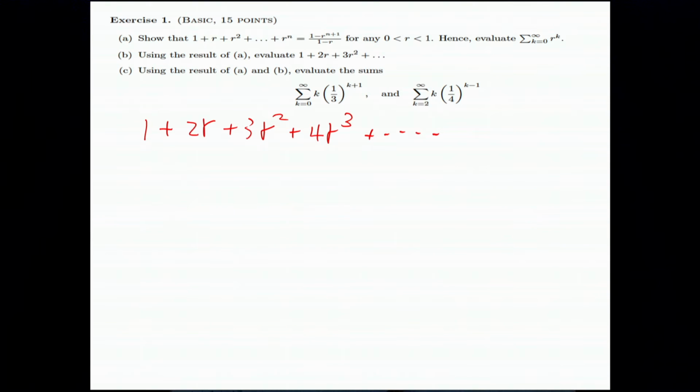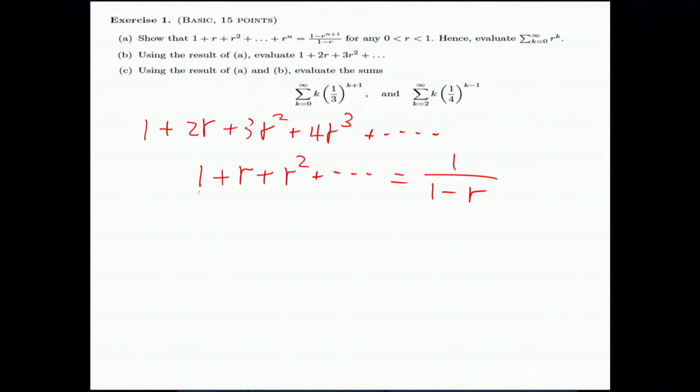Since we know from part A, 1 plus ratio plus ratio squared to infinity equals 1 divided by 1 minus ratio, we can take the derivative on both sides.